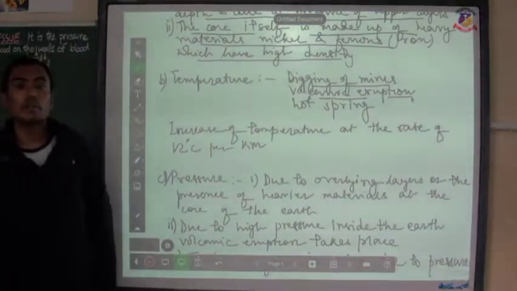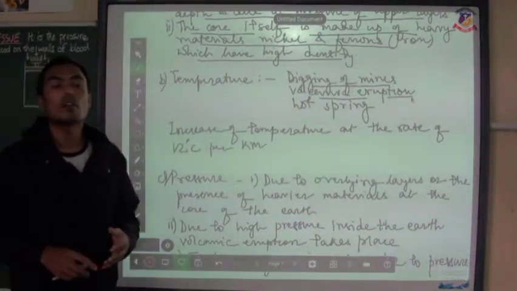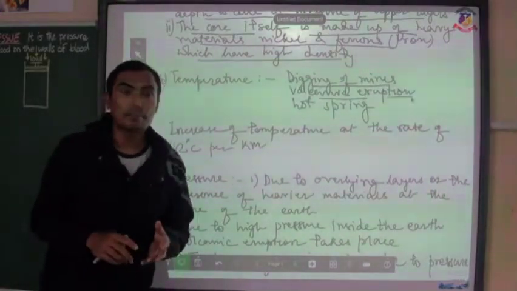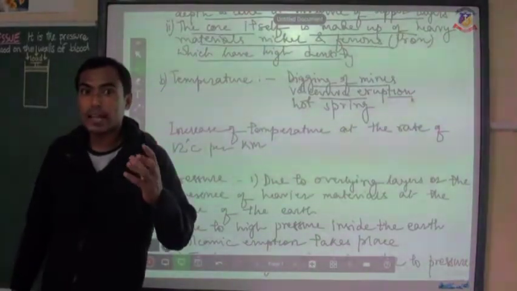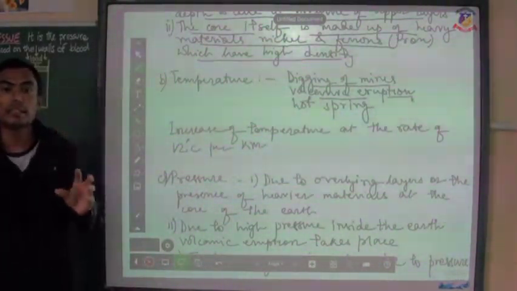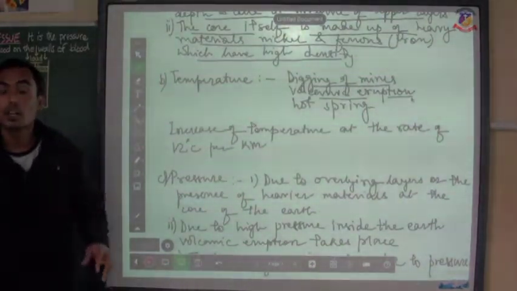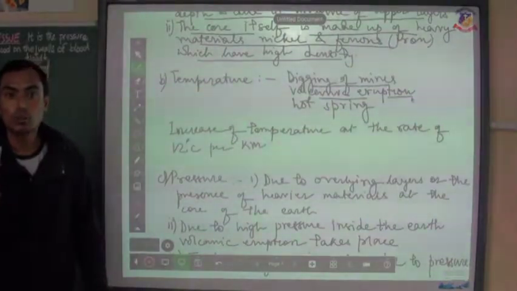Second point is volcanic eruption. Now, you all know that whenever a volcano erupts, it gives us magma or lava. Now, this magma or lava is in a liquid state. They are in the liquid state as they are in the form of metals, in different minerals. All the metals need a very high temperature to melt.